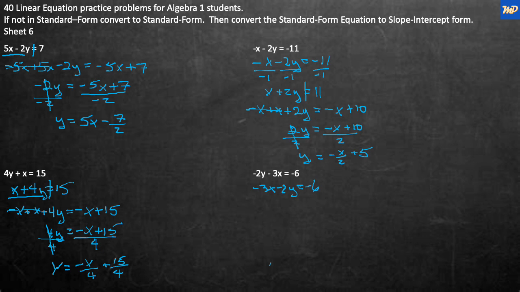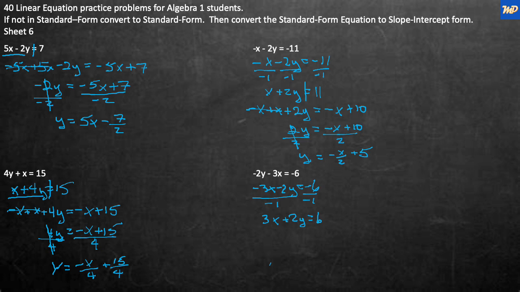This side is divided by -1, and this side divided by -1. And when we do that, we have 3x and 2y equals 6. The negatives cancel. Now we have the right format. Everything is good. There's nothing that divides into all of them except for 1, of course.